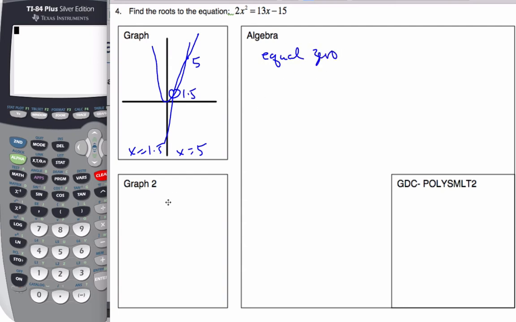This is true for the second graphing method. It's also true for the polysimultaneous idea. So I'm going to take this and make it equal to 0, which will mean 2x squared minus 13x plus 15 is equal to 0. This is the equation I'm going to graph down here.